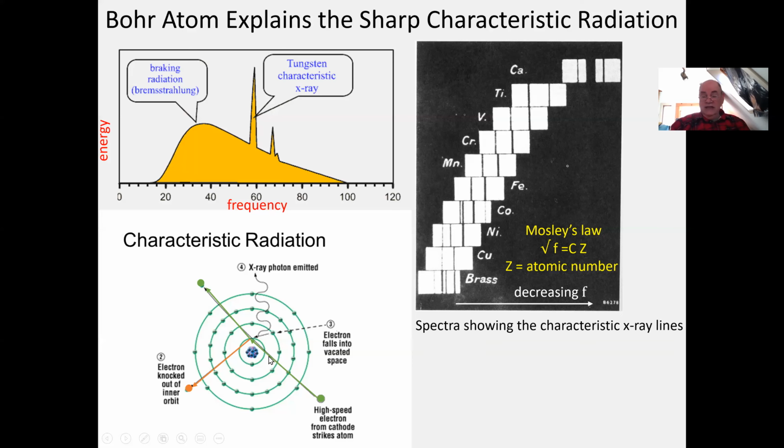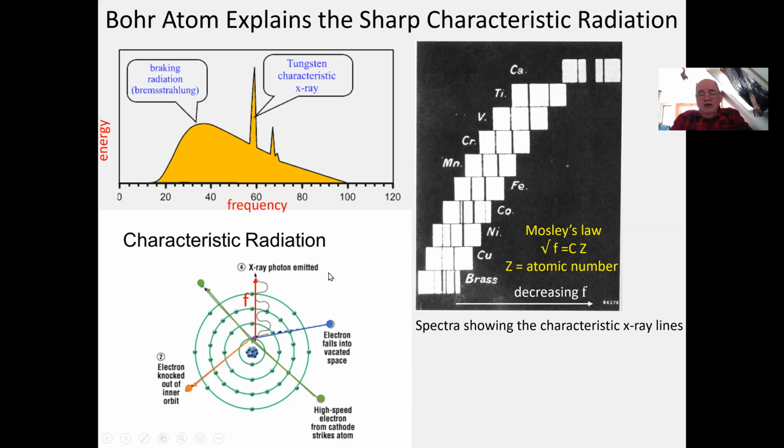When the electron knocked away is down at the lowest energy level, when the electron that penetrates into the atom of copper or iron or nickel knocks away a deep electron inside, an electron from the outer shells can fall all the way down. Tremendous drop. And according to Bohr's model, that will release a very high energy frequency. And that's the characteristic frequency.